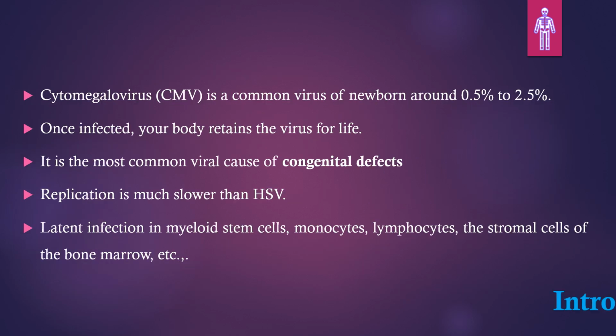Introduction. The cytomegalovirus is a common viral particle identified in the newborn and causes infection. The infectivity range is around 0.5 to 2.5 percent. Once infected or encountered in our body, the virus remains as a part of our cells and it is retained for our whole life.